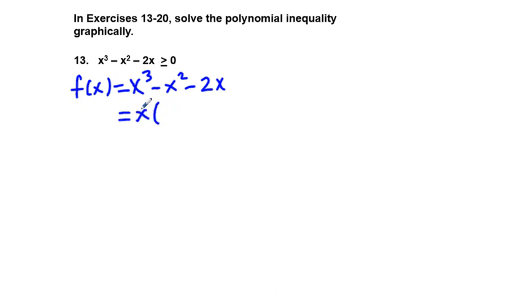Factoring out an x, what times x equals x cubed? That's x squared. What times x is negative x squared? That's negative x. And finally, what times x equals minus 2x? That's negative 2.